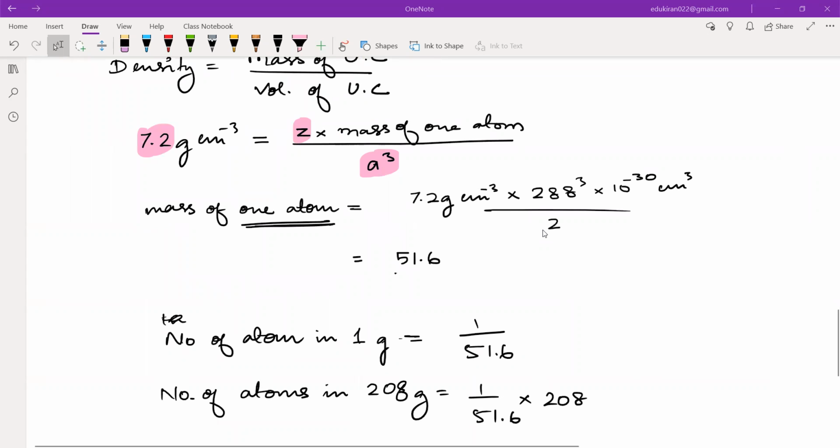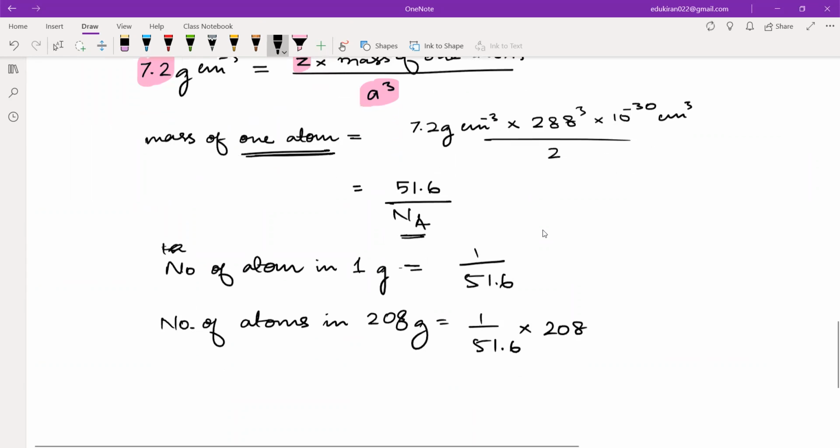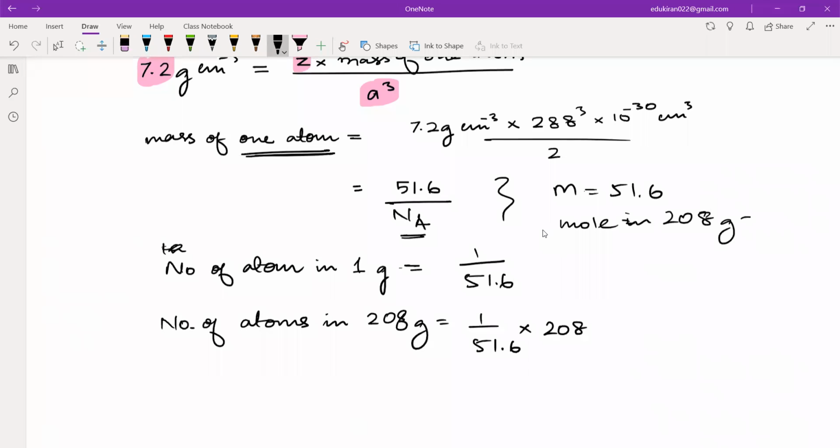So whatever you're getting, it will be somewhere around that divided by Na. This will give you the mass of one atom. You can also calculate it: the molar mass is 51.6, and the number of moles in approximately 200 grams will be somewhere around 4 moles, right?